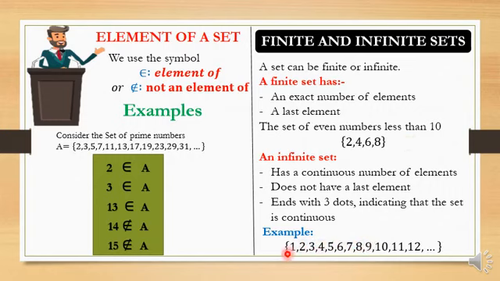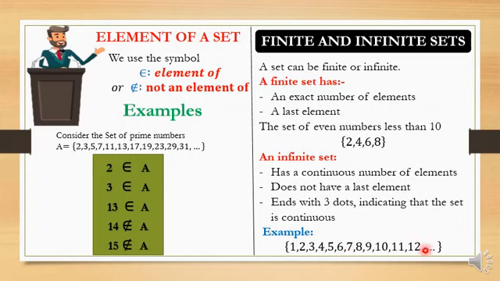for example, 1, 2, 3, 4, and so on. Notice if you are counting numbers from 1 till infinity, then you may spend the whole of your life counting from morning till evening, till the next morning, till the next evening. You will not finish. You reach 100, 1,000, 1,000,000, and so on, and you will not actually get to the end.